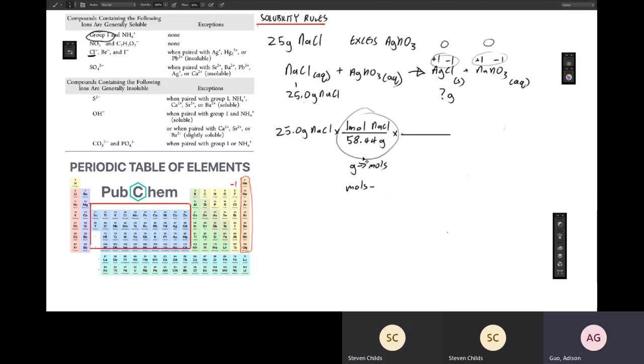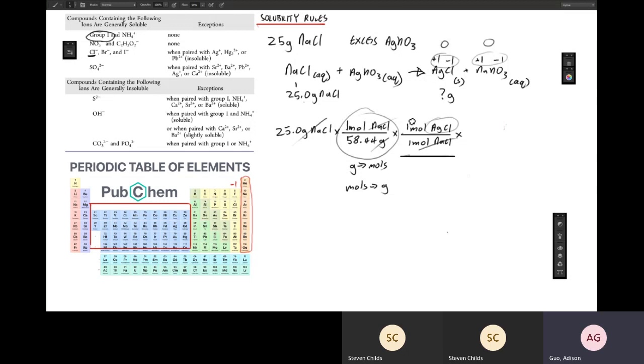Okay. So the next thing to do is we want to go from sodium chloride into silver chloride. This is the actual step you want to achieve. If you look over here, this cancels out the sodium chloride because it's one on top, one on bottom, and we're left with moles of silver chloride.